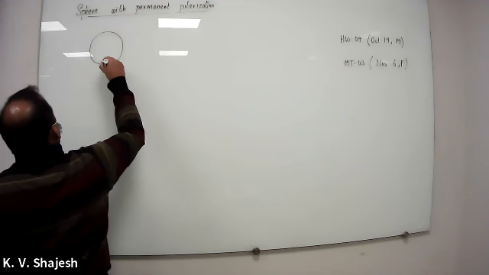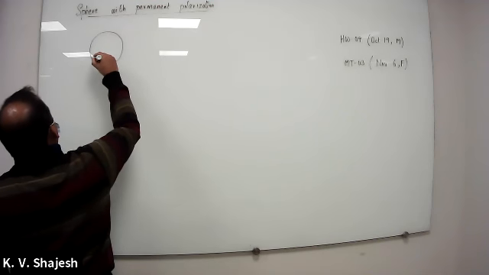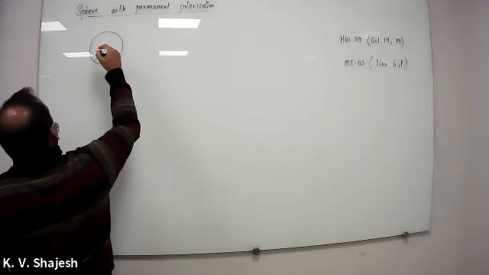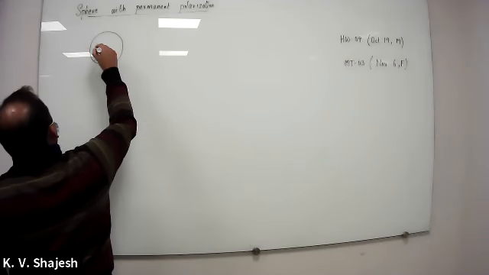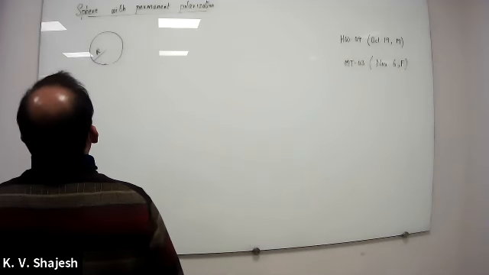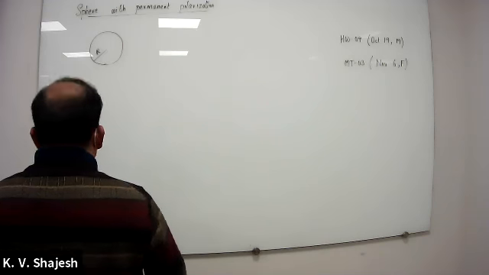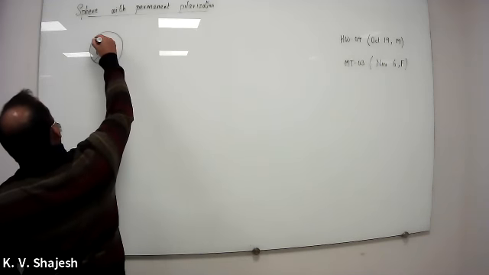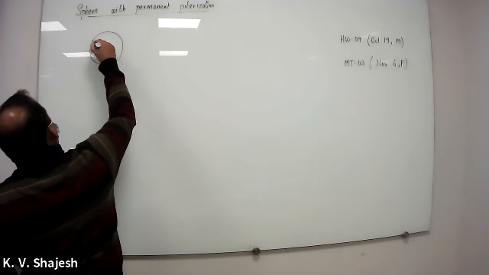That's your sphere. Let's say its radius is capital R. And we want to have a permanent polarization to it. Let's choose this to be in the z direction.